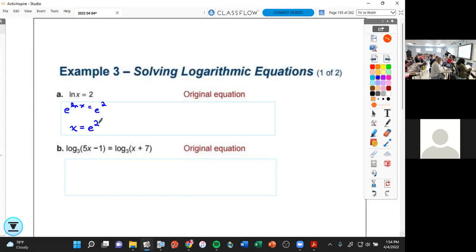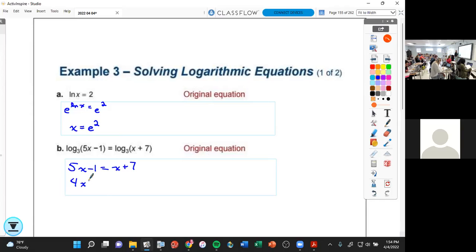Okay. Letter B, what do we got going on here? Well, they both have a log base of 3, so can't you just set them equal? Yeah, it's log base 3 of some junk, right? Yeah, that just means the junk equals the junk. 5x minus 1 equals x plus 7. Basic algebra. Subtract x from both sides.